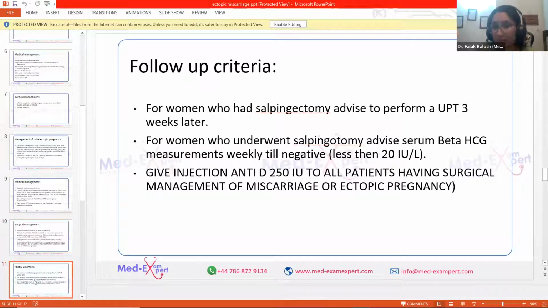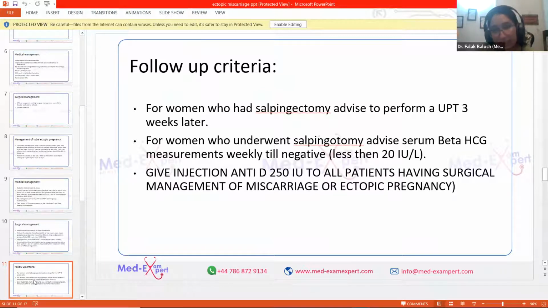Follow-up criteria is very important. If we have gone for a salpingectomy, we advise the patient to do a urine pregnancy test 3 weeks later to make sure that there is no ongoing pregnancy or persistent trophoblastic tissue. If we have gone for a salpingotomy, we advise the patient to get serum beta HCG levels checked weekly until they are negative.